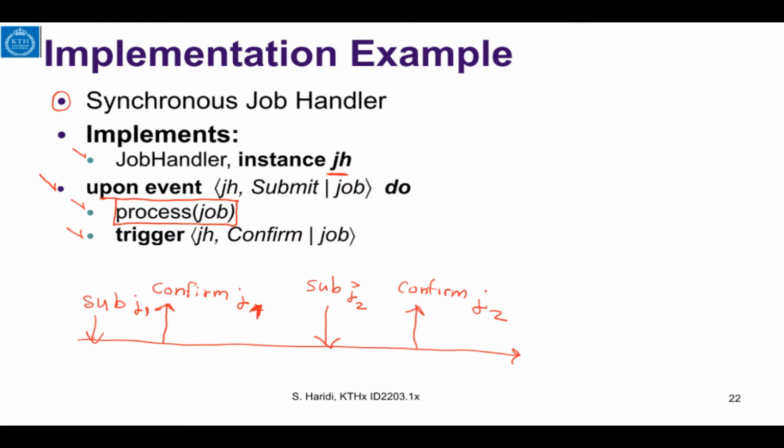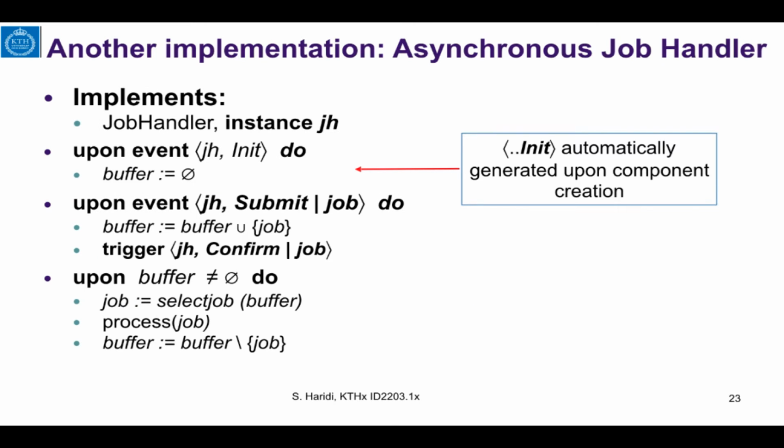Let us now look at another implementation. This was a synchronous implementation. Let's have a look at an asynchronous implementation, the asynchronous job handler. This is interesting because now we have an implementation of a job handler with a different algorithm that still satisfies the specification. Still we have an instance JH.